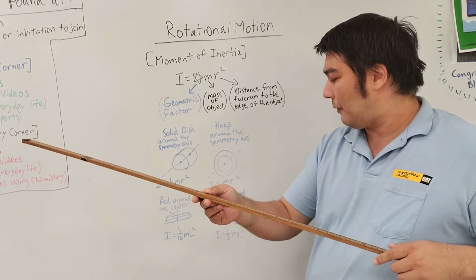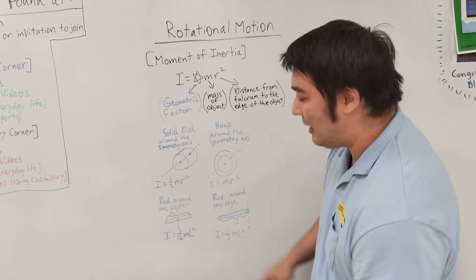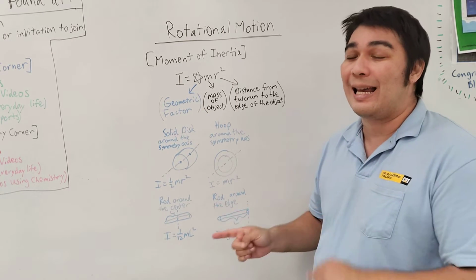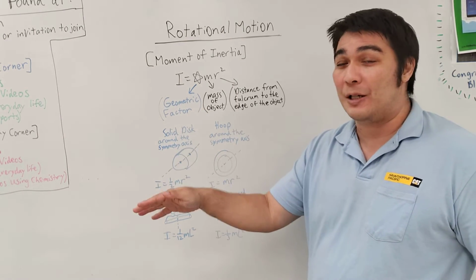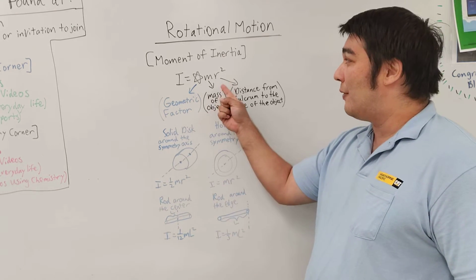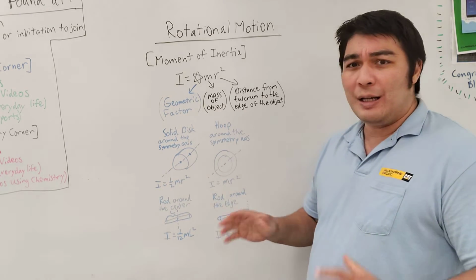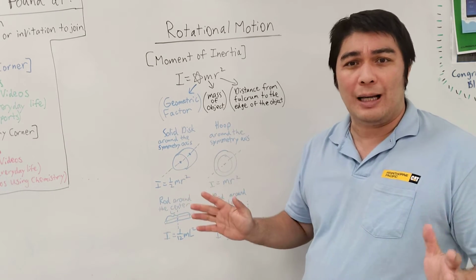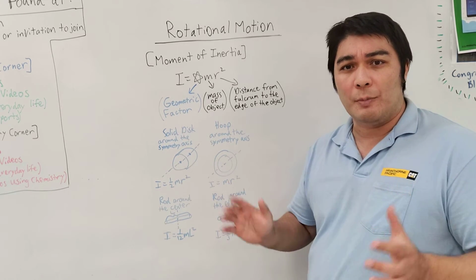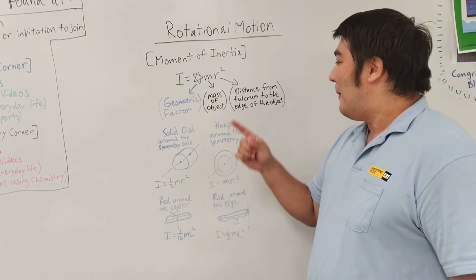That L value is different for rods and it is not the same for other objects. So you do have to be careful about that when you're looking up the moment of inertia for certain objects. If there is ever a need for a special type of object with a very weird moment of inertia, I will tell you that one. So don't worry about that.